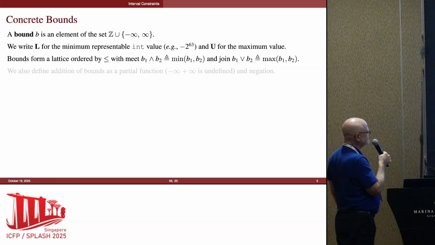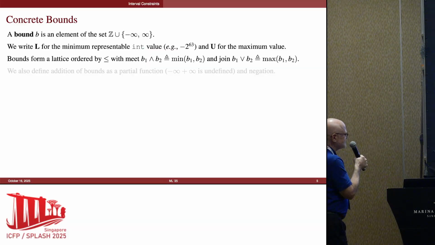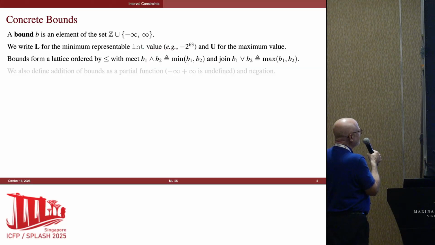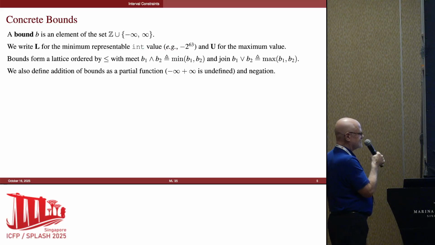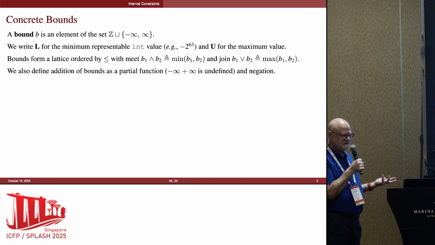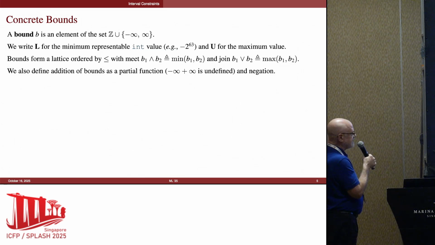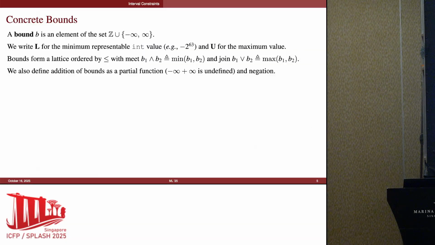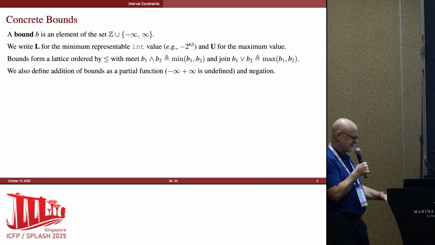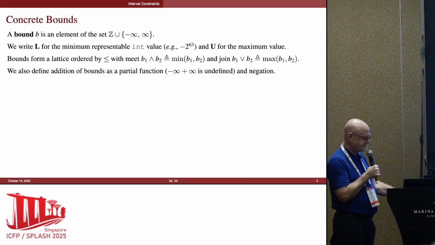Join is the join. Sorry, join is the max. You can also think about operations like addition and negation, and from negation we get subtraction on these things. But addition is a partial function because it's undefined what adding negative and positive infinity together is. Okay.